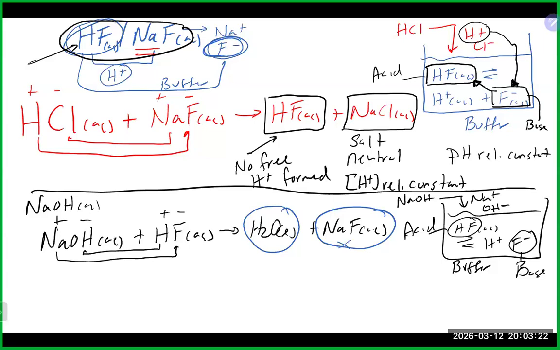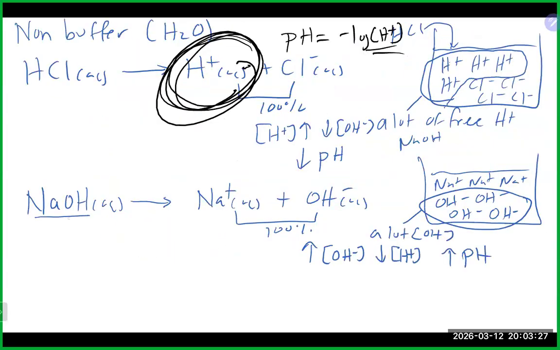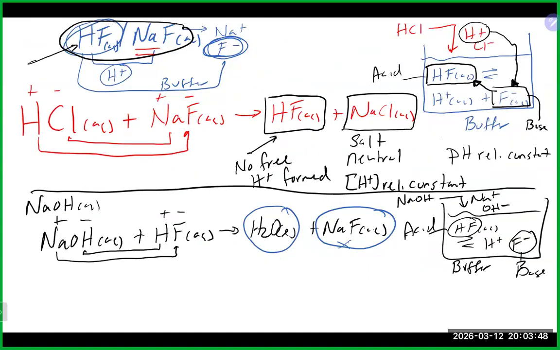It is once again what we do not see here that we did see when we added the strong base to water, and that is this guy right here. We saw a lot of free OH minus when we added the strong base to the water, which was not a buffer. Because of that, the OH minus concentration skyrocketed, the H plus concentration went down a lot, and the pH changed a lot. But when we add that same sodium hydroxide to the buffer, we have no free OH minus being formed.